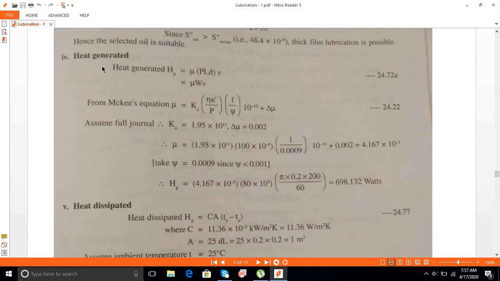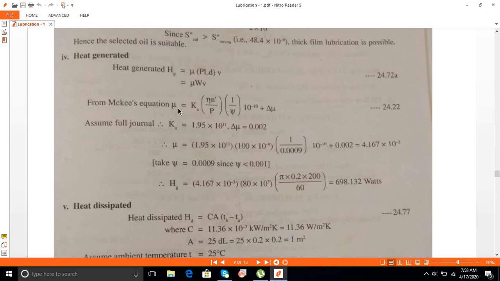Next, to calculate heat generated, Hg is equal to mu times W into velocity. Velocity we know, and mu is from the Mackey's equation. Mackey's equation value for full journal bearing Ka is equal to 1.95 into 10 power 11. Delta mu is given.